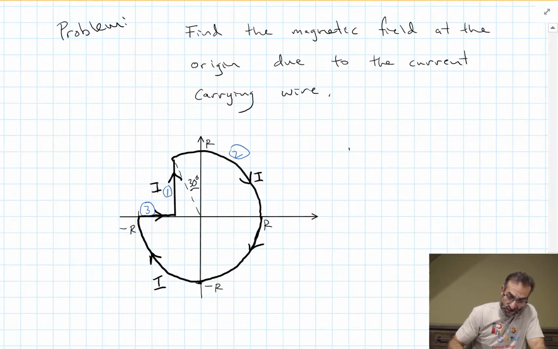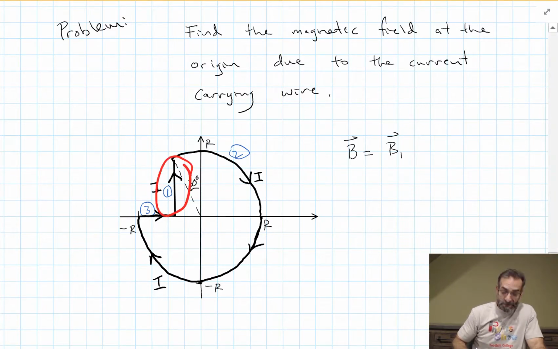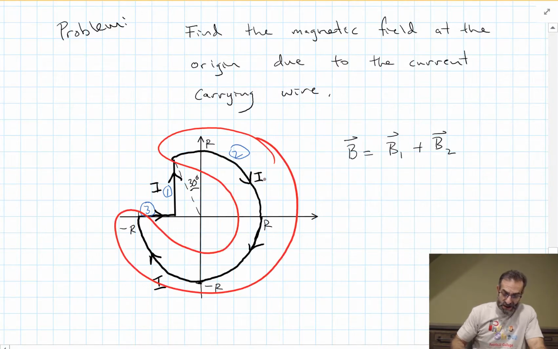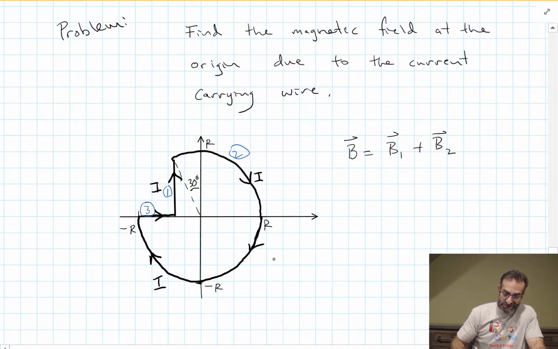And I know that the magnetic field at the origin is going to be the vector sum of the magnetic field from this segment, segment 1, plus the magnetic field from segment 2, which is that curved section there, plus the magnetic field from section 3, which is this little straight section here. This is vector addition. I add them up vectorially.